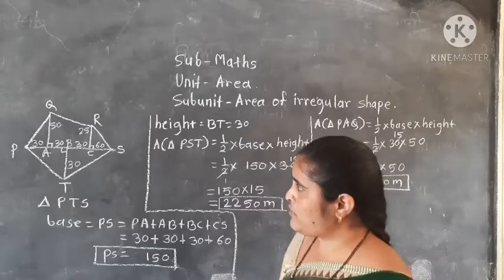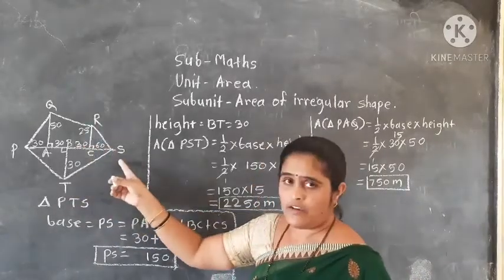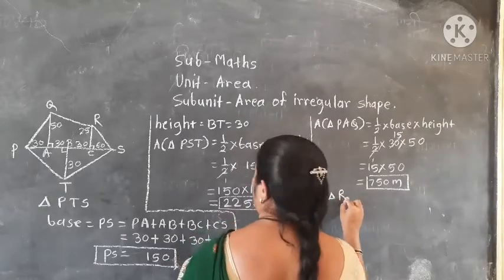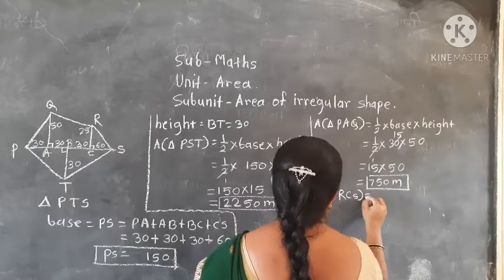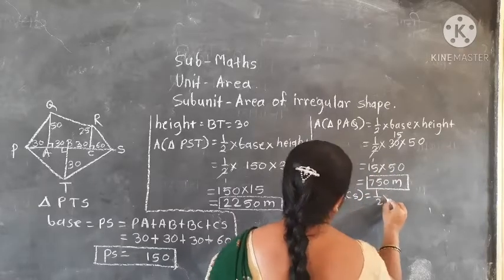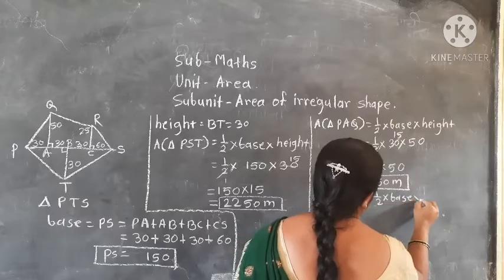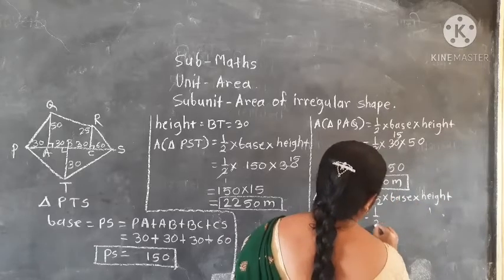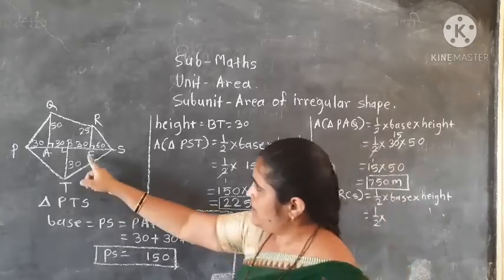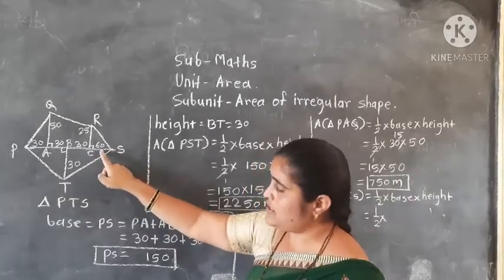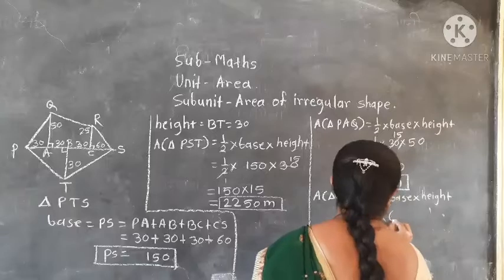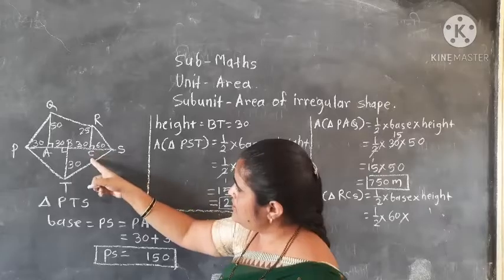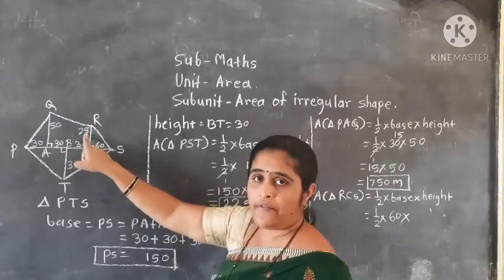Likewise, we also have to calculate the area of triangle RCS. We use the same formula again, 1/2 into base into height. 1/2 is written as it is. Base is CS and the value of CS is 60 meter. And the height of this triangle is RC and the value of RC is 25 meter.